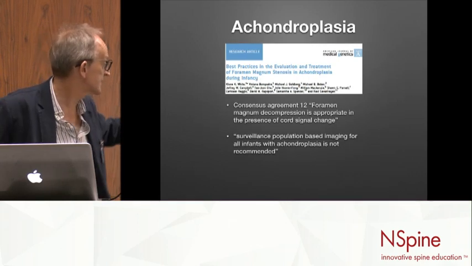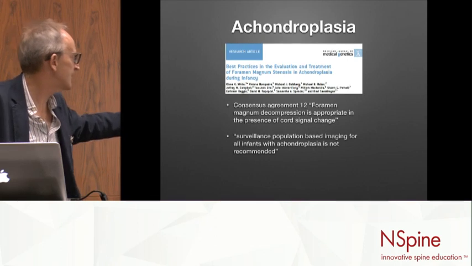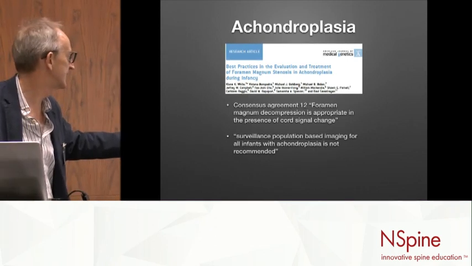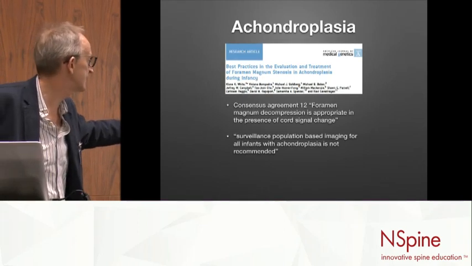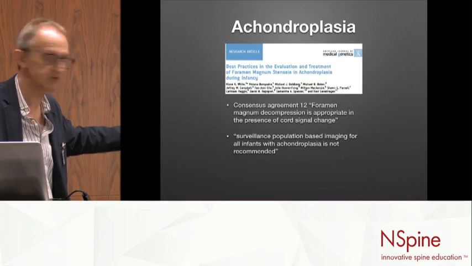A consensus statement came out from a US publication a couple of years ago, with this statement: foramen magnum decompression is appropriate in the presence of signal change. But they also concluded that surveillance, population-based imaging for infants with achondroplasia, is not recommended.